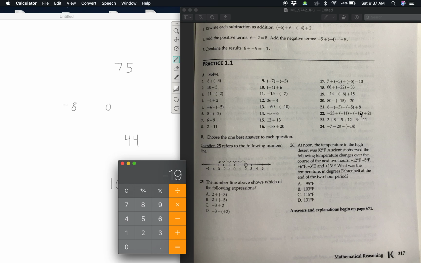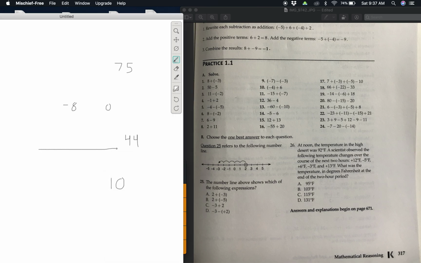Then we have to add positive 21 to this. Plus 21. So since you get the idea, this is 19 places to the negative side of this line, okay? This line where the 0 is here and 1, negative 1, 2, 3, 4, etc. Positive 1, 2, 3. So we're 19 spaces over here. So we have to count 19, 18, 17, 16, 15, 14, 13, etc. till we get to 0, which is 19 spaces.